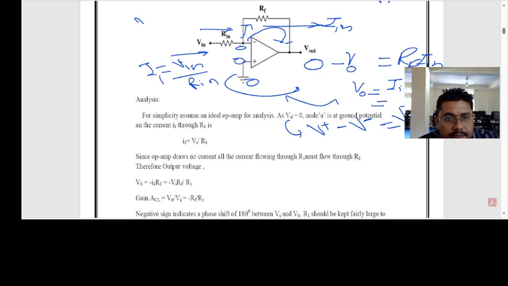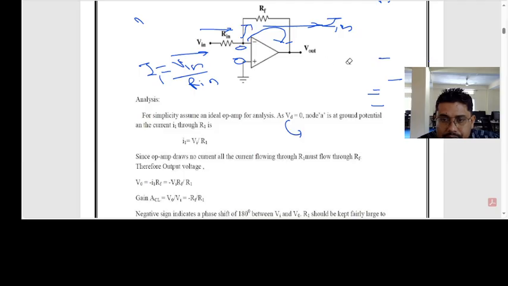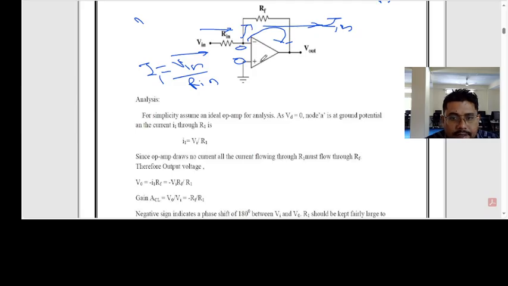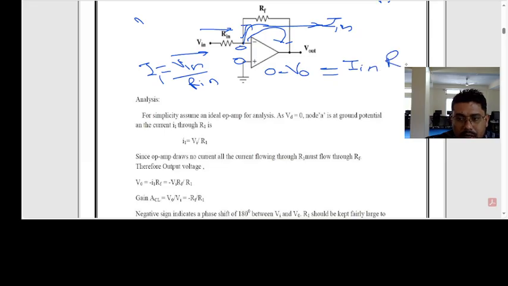On a new page we will see how this is calculated overall. Taking the loop with current going from here to here, we can write V0 minus V output equals I in into RF.